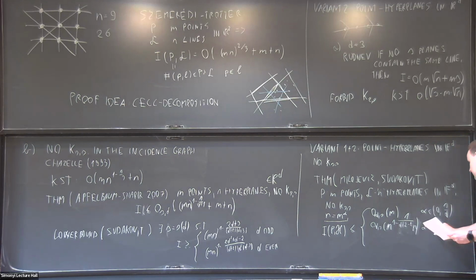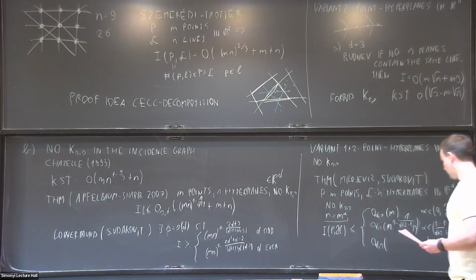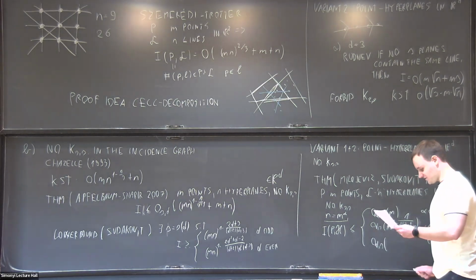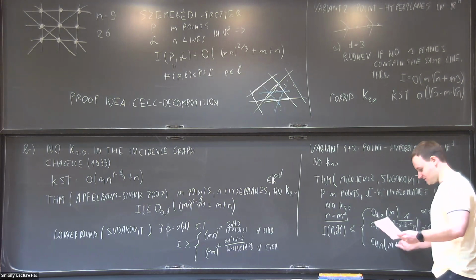So if alpha is in the interval (t minus 1) over (d plus 2 minus t), and t is an integer, 2 up to d. Yeah, sorry for this, but this is the answer, so I cannot really save time.